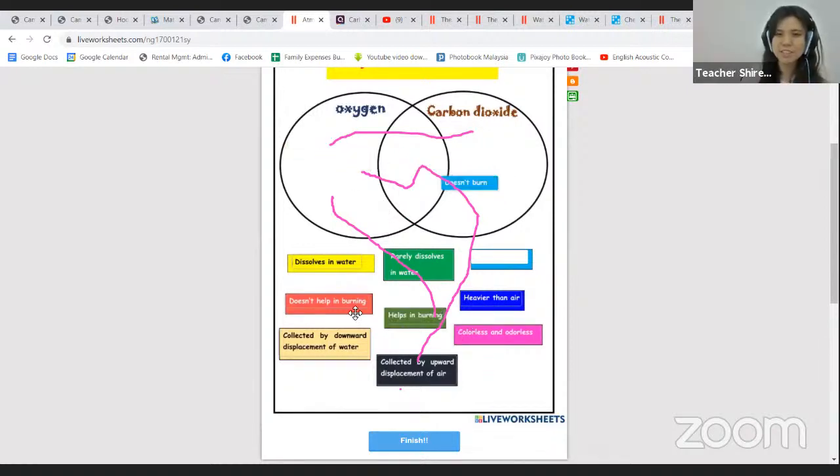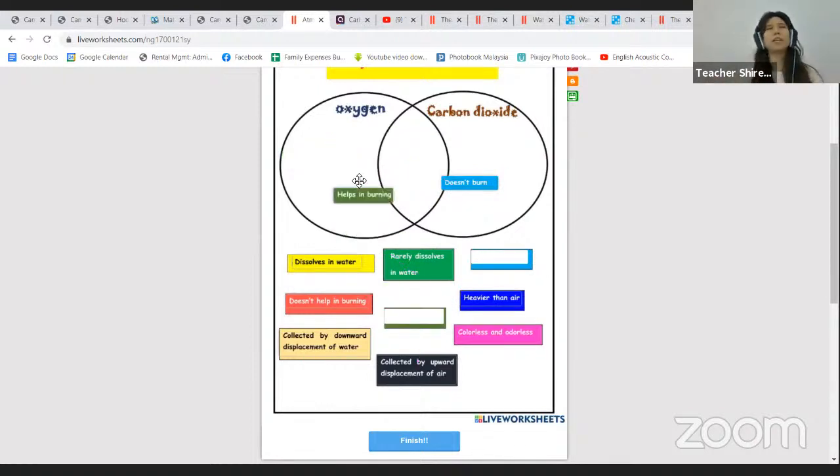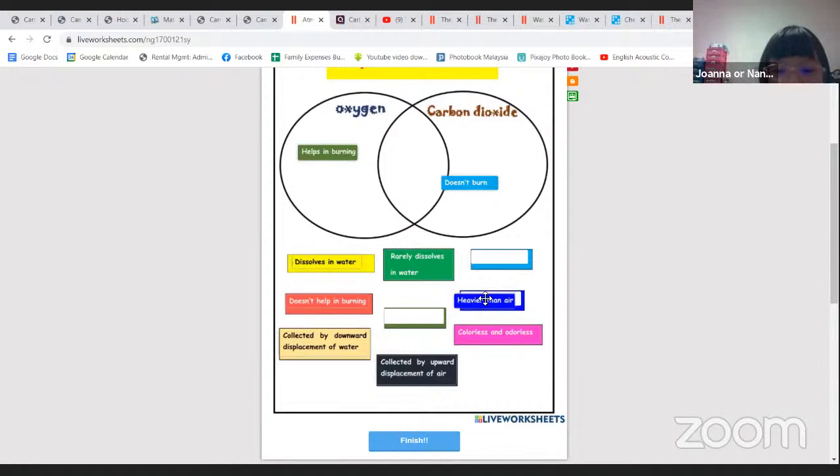That's why fire extinguisher is carbon dioxide. And if you remember, I told you about heavier air. We climb up the mountain, we cannot breathe because the air that we need is oxygen. Oxygen is pretty much heavy. That's why it's normally on the land. Oxygen heavier than air.